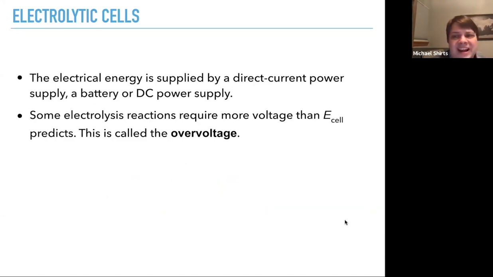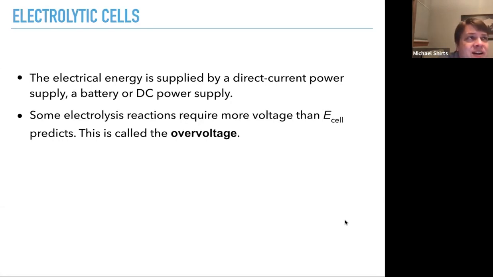Some electrolysis reactions require more voltage than the E-cell predicts. It's really impossible to know beforehand, because it has to do with exactly what's being oxidized or reduced and what the electrode is as well, if you're using an inert electrode. This is called the overvoltage, and there are different sources for this.